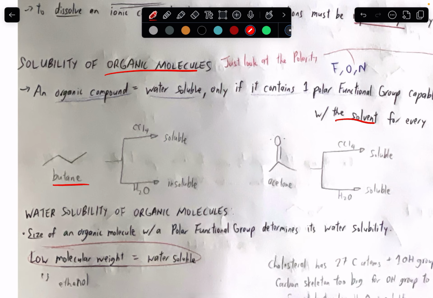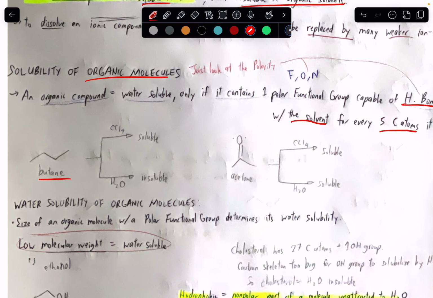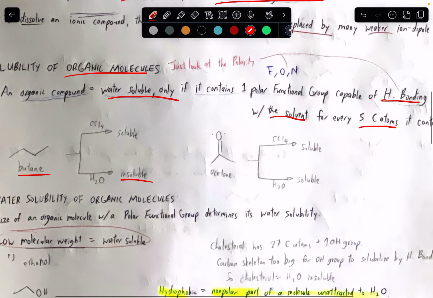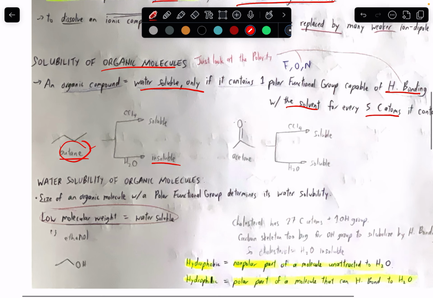So, naturally, it is soluble kapag organic solvent. Pero kasi, when you dissolve it in water naman, since it's not capable of hydrogen bonding, it's insoluble. Sabi diba, this is the condition. So it is only water soluble if this condition is met. Basically, kaya mag-hydrogen bonding. Butane cannot.